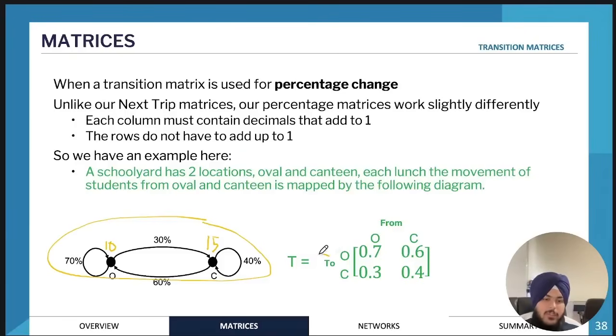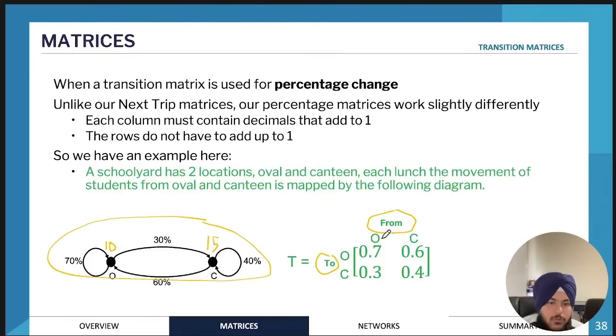The way that we use this matrix is we have a to and a from, and essentially we just plot that information. So going from O to O, it's 0.7 because 70% are going to stay at position O, or the oval. And from C to O, it's 0.3, so it's this one over here.